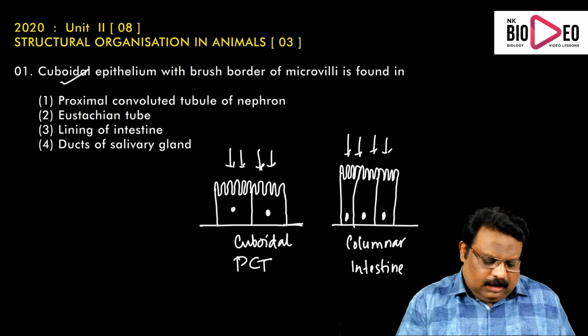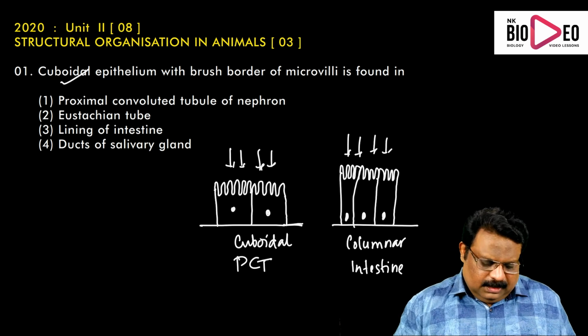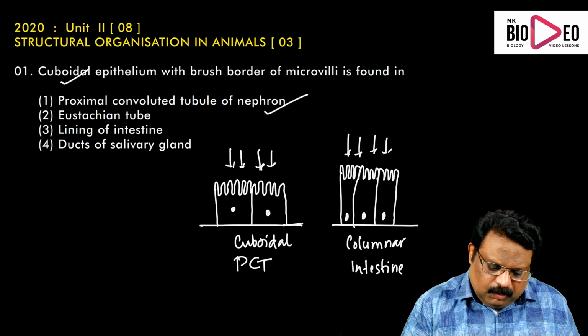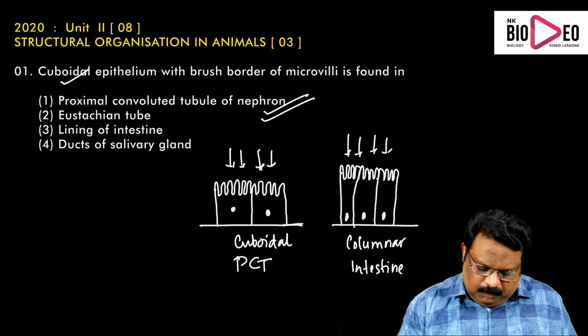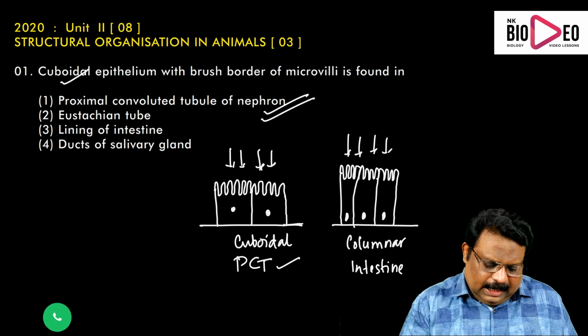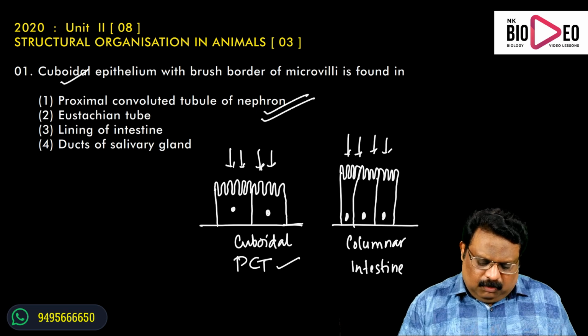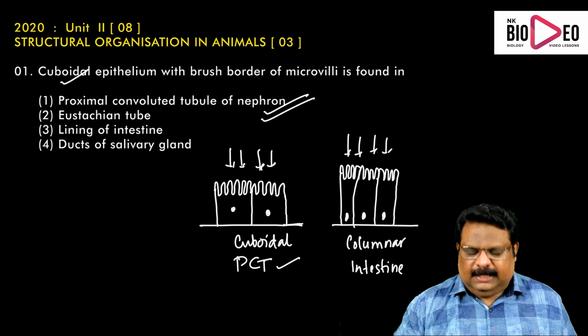But in PCT, the cuboidal epithelium is there. In intestine, the columnar cells are there. Okay. So answer is proximal convoluted tubule of nephron. Proximal convoluted tubule is otherwise called PCT. In the case of eustachian tube and the ducts of salivary gland, columnar epithelium is present, but they are not brush bordered. The brush bordered condition with the microvilli is present only in the case of PCT.